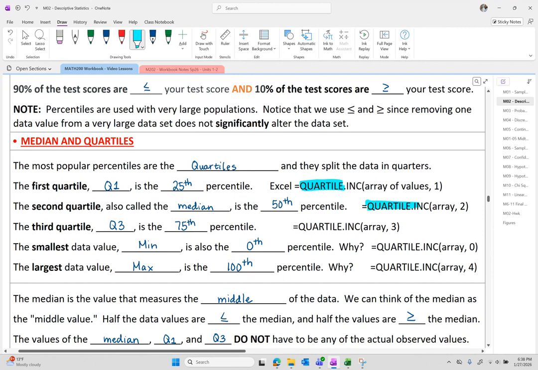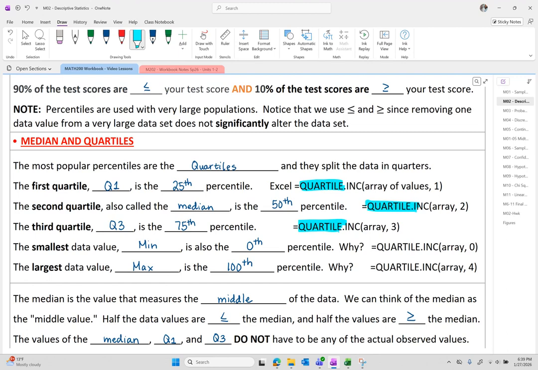In our project we explained that there are multiple quartile functions in Excel. We will use .inc, which means to include the endpoints, because we are working with small data sets. When you are working with very large data sets, you may want to exclude the endpoints.